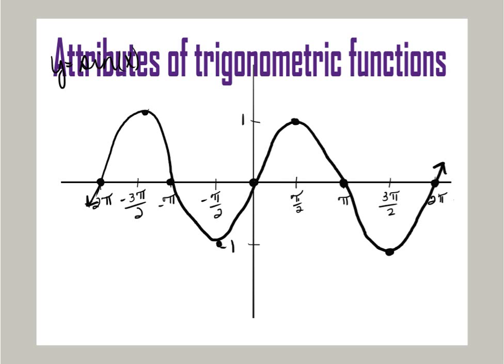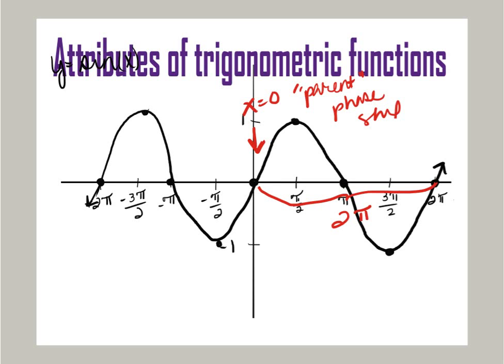On a sine graph, it takes a full 2 pi to repeat itself, and that begins at 0. x equals 0 is our normal or parent phase shift. Let's call that the parent phase shift. It's the default, if you will. Those of you who are tech savvy know that things come with default settings. So if we don't do anything to our trig functions and we're dealing with them only in their parent functions, that would be the default setting for where a period begins.